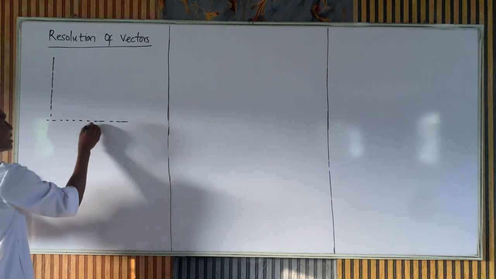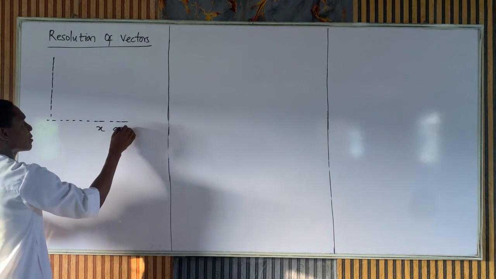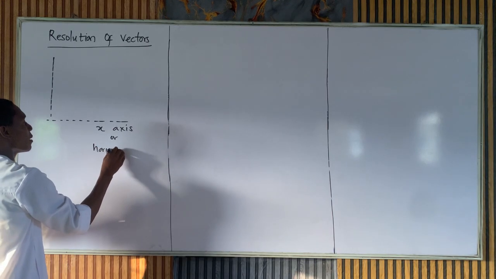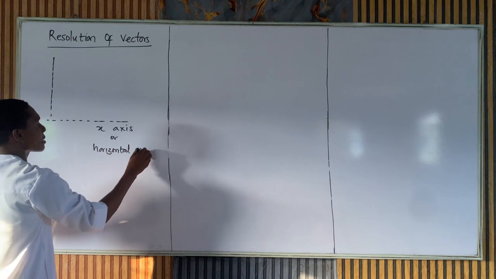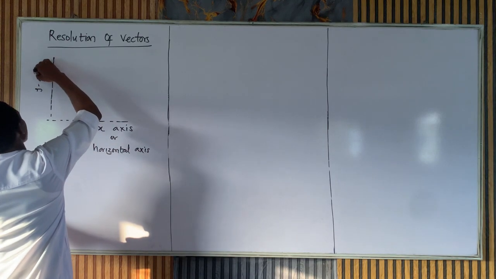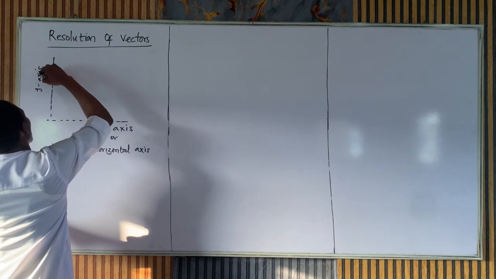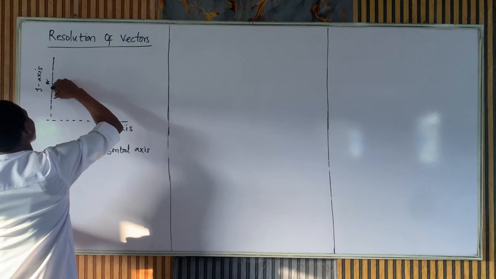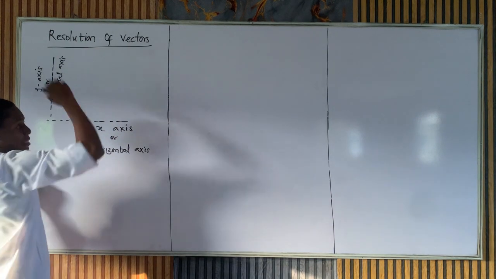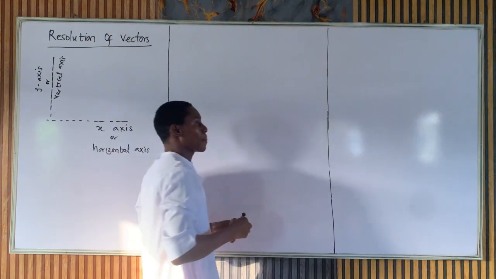You call this the x-axis, or horizontal axis, and this is what we call the y-axis, or vertical axis. Take note of that.